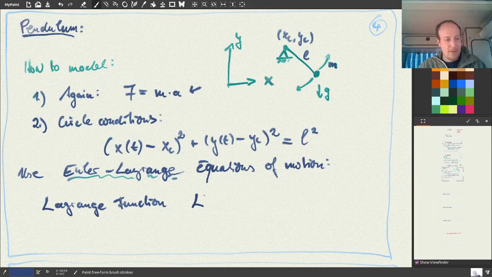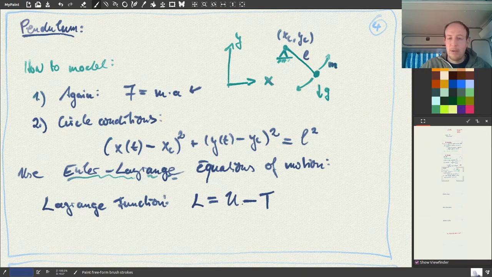Sorry. Now we do this the other way around. Oh no, we have it here. So the Lagrange function for a constraint movement is defined as L to be the potential energy, U minus the kinetic energy.